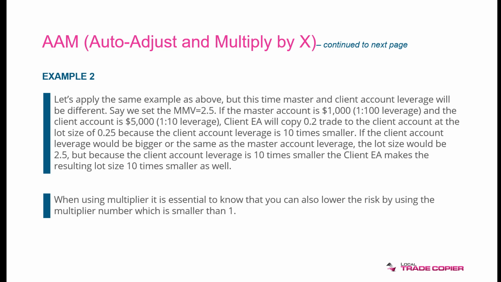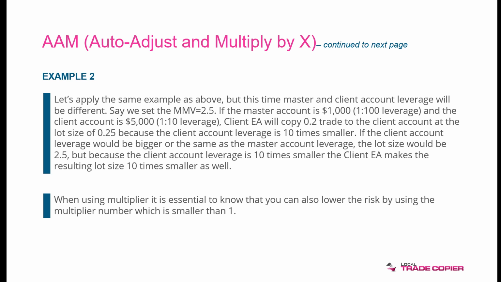But because the client leverage is 10 times smaller, the client EA has to divide the resulting lot size of 2.5 by 10, to make it 10 times smaller so that it protects the client account from margin calls or stop outs.